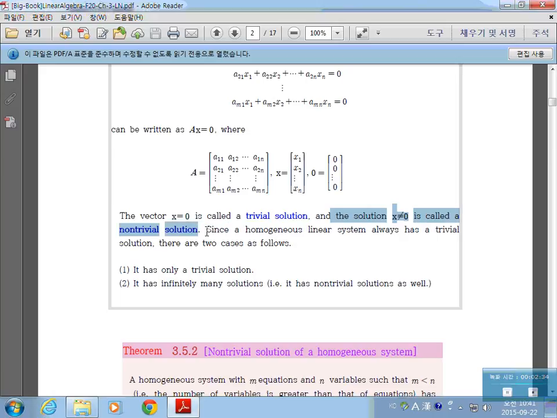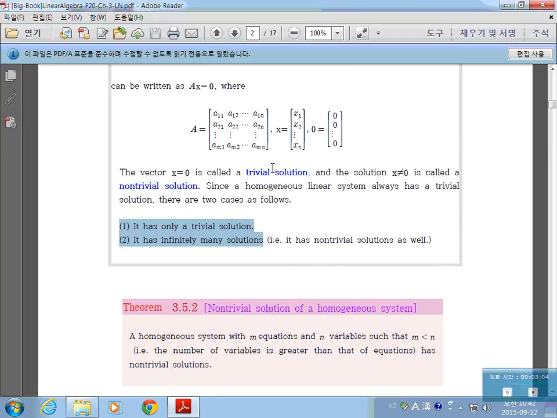Since a homogeneous linear system always has a trivial solution, we only have two cases left: it has only the trivial solution, or it has infinitely many solutions. So if we have any single non-trivial solution, that means we have infinitely many solutions.